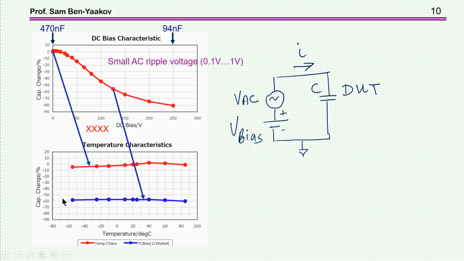And then we see the temperature change when it is already biased, and when it is biased to half of the rated voltage, then this is 125, half of the 250. It's already 55% down, and the temperature change is small. So as you can see in this particular case, the temperature changes are really small compared to the huge change of the capacitance as a function of the bias voltage.